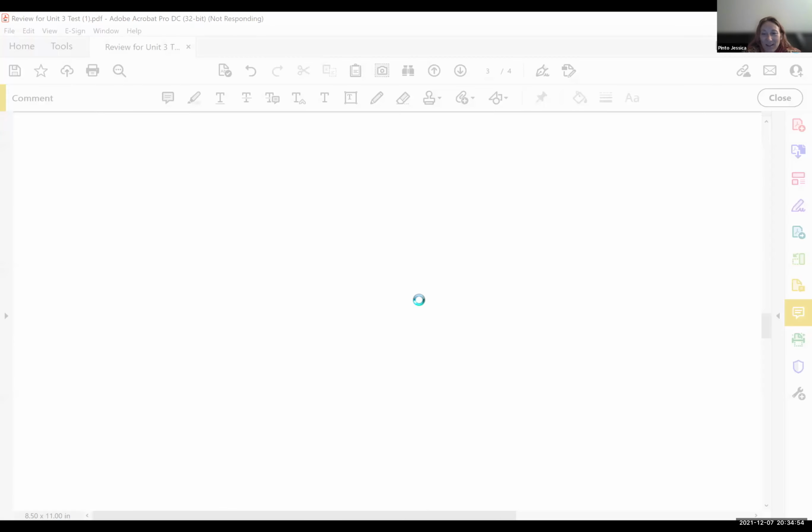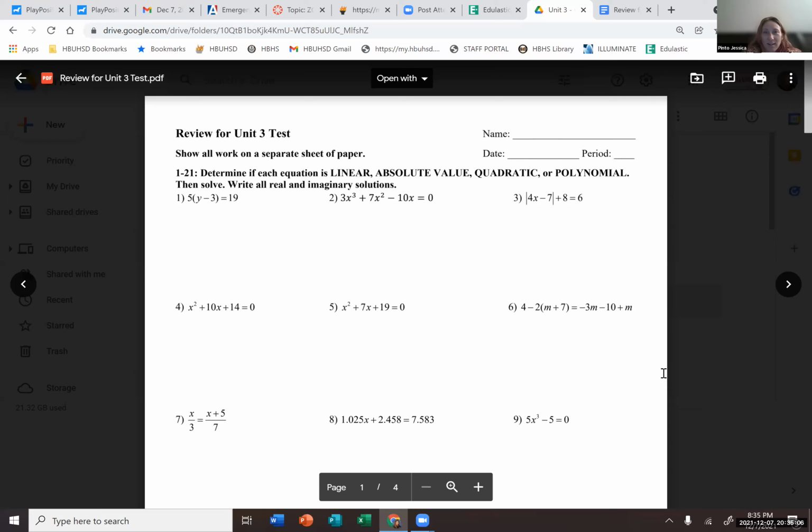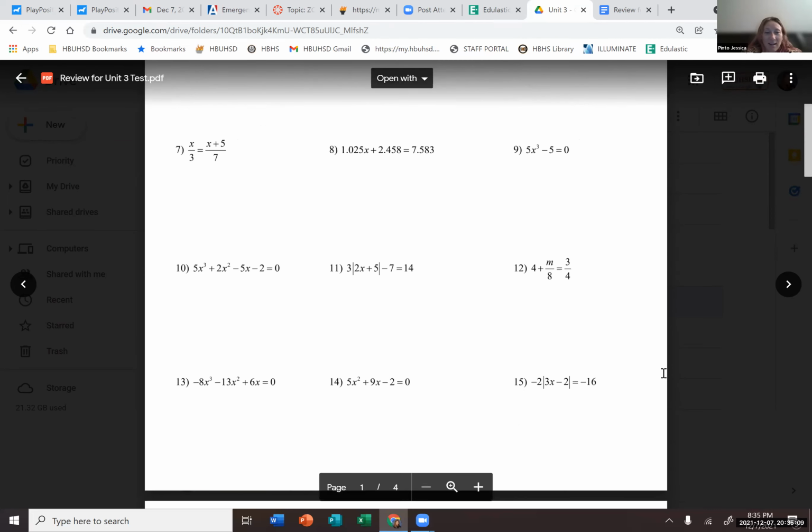I'm going to close the program. Okay, let's try it again. I'm just going to share my screen. And here it is. And look, I can annotate.